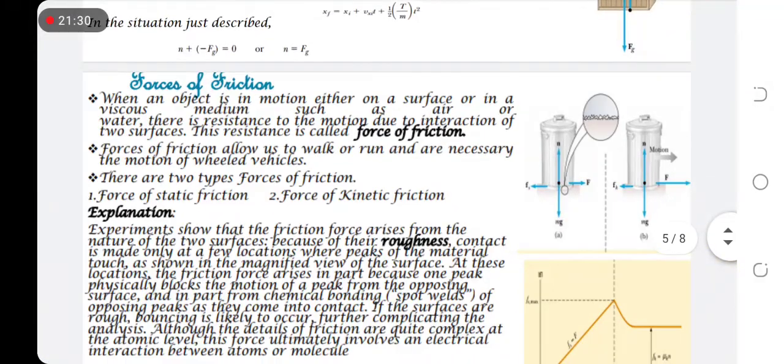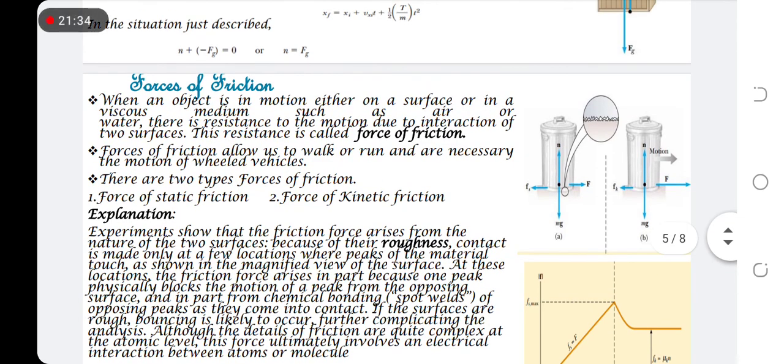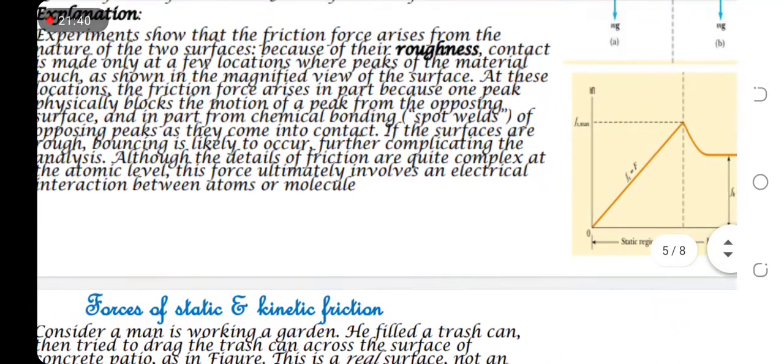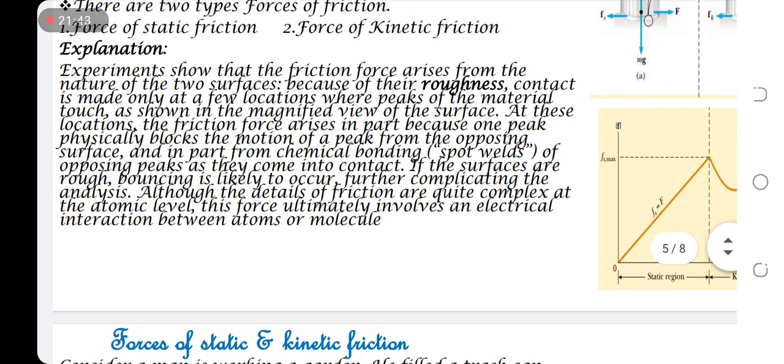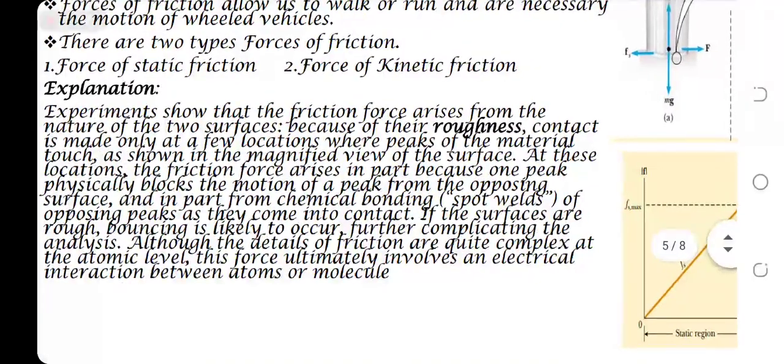We can easily understand if we perform an activity, or with an example we can see how friction is produced and what is the actual meaning of friction. We can perform some experiments. Suppose that two bodies are in contact.